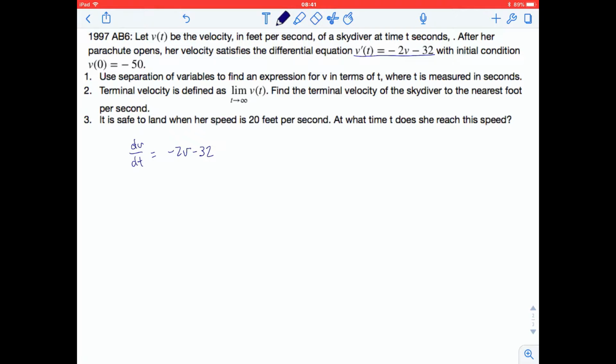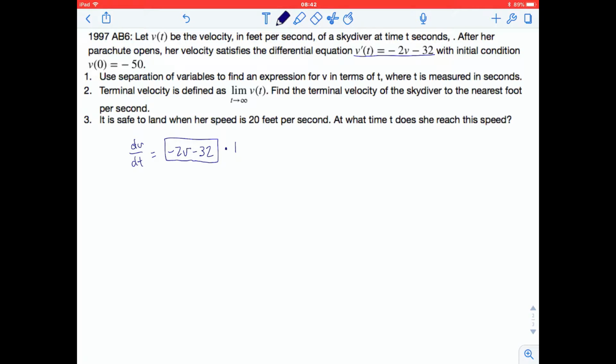So to use separation of variables, we need to see if we could potentially write the right-hand side of this differential equation as a function of v times a function of t. Now this is not that hard to do, because we can see that this entire right-hand side is a function of v. So our function of t could just be 1.